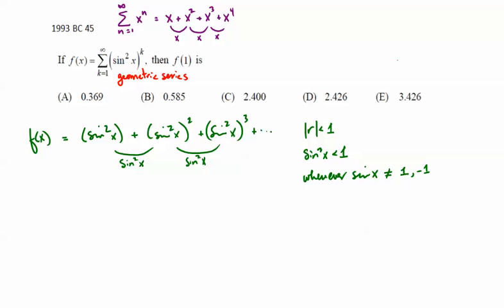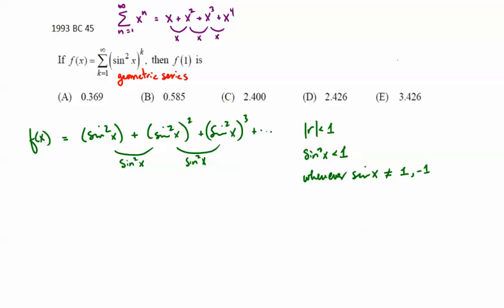And so those would be at pi over 2, 3 pi over 2, and any multiples of pi over 2 and 3 pi over 2. But we're looking for f of 1 here, so that's really not an issue. And there are no answer choices that say does not converge, so we don't really have to go down that path at this point.